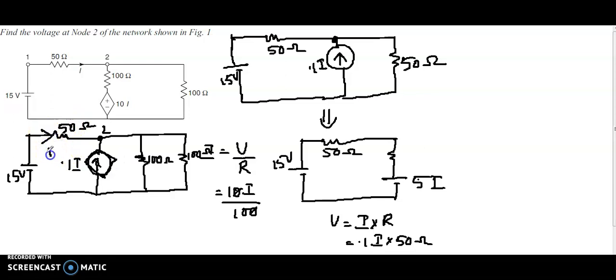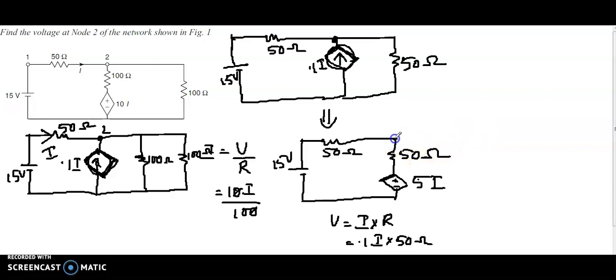Here there is a current I. We have to draw all these as dependent sources. This is also a dependent source, and this is also a dependent source. This is the dependent voltage source, and here 50 ohm.